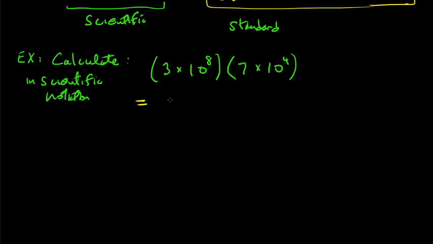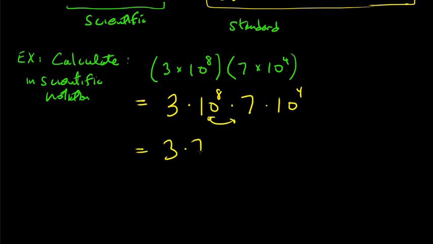We're really just multiplying 4 numbers, right? 3 times 10 to the 8 times 7 times 10 to the 4. So if I just switch the order here, I can write this as 3 times 7 times 10 to the 8 times 10 to the 4. Well, what's 3 times 7? Right, 21.